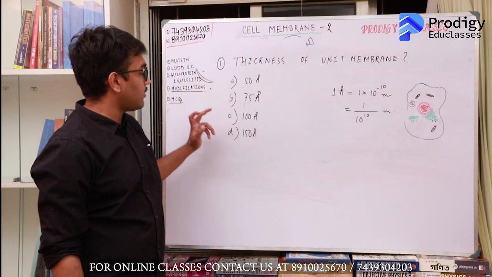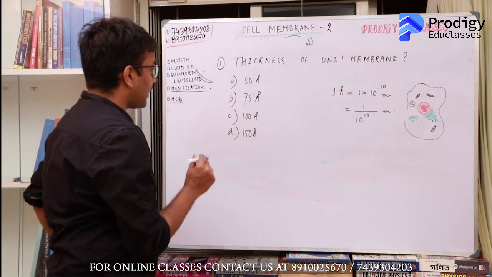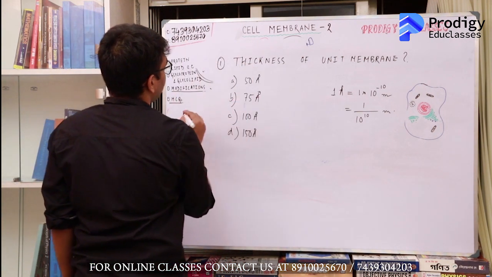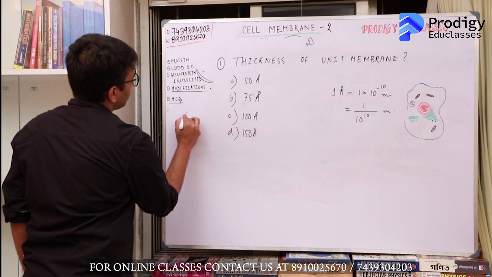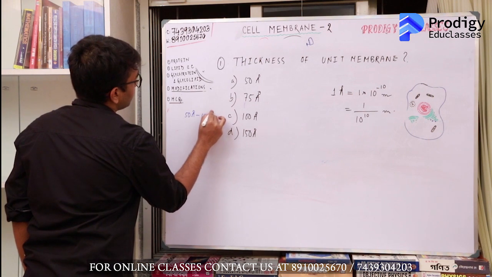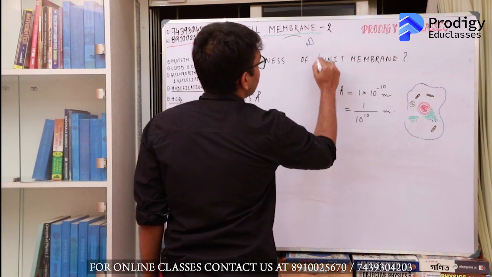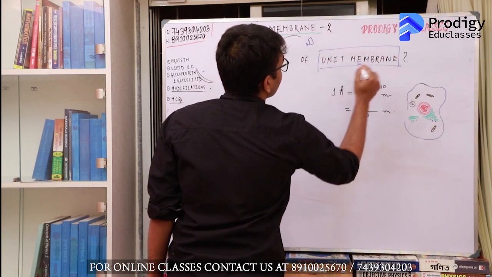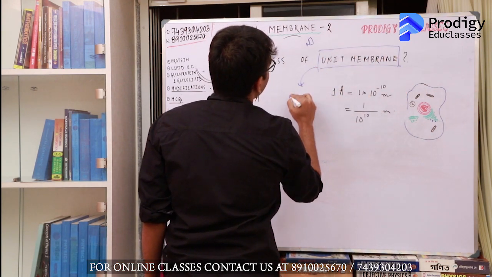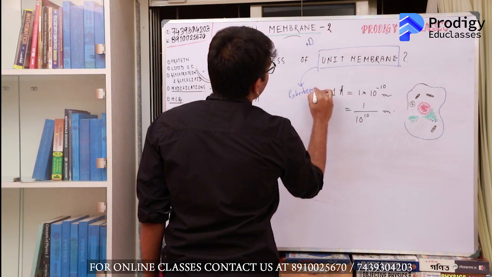It's 50, 75, 100, 150. Now, you must be very confused in this question because normally the thickness of a cell membrane will vary from 50 angstrom to 150 angstrom in different cells. However, if you look at this question, you will find that it mentions unit membrane. So it is hinting at Robertson's unit membrane model.